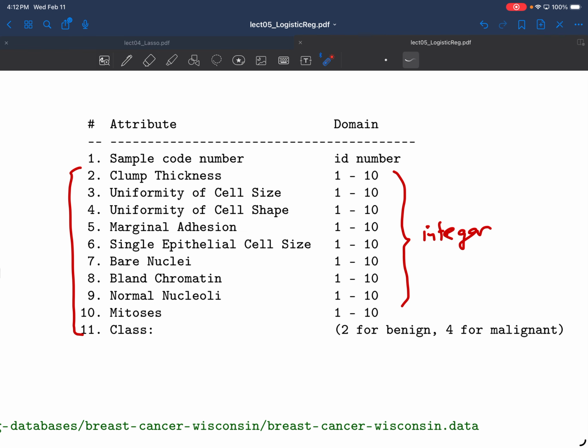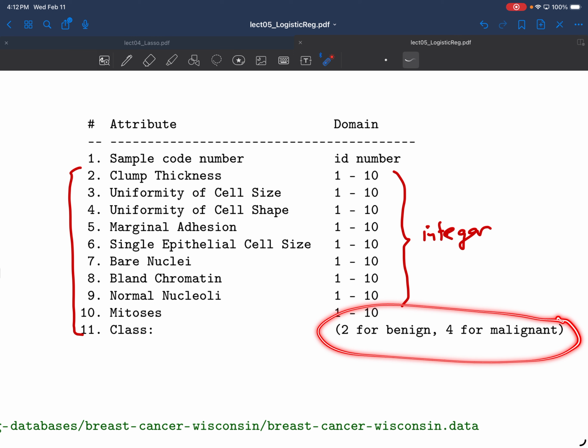So here we see an example. When you see something that's discrete, that does not mean it's categorical. It can be discrete yet ordinal. All of these features are discrete, but they're all ordinal. What makes classification different from regression is that the target is categorical.